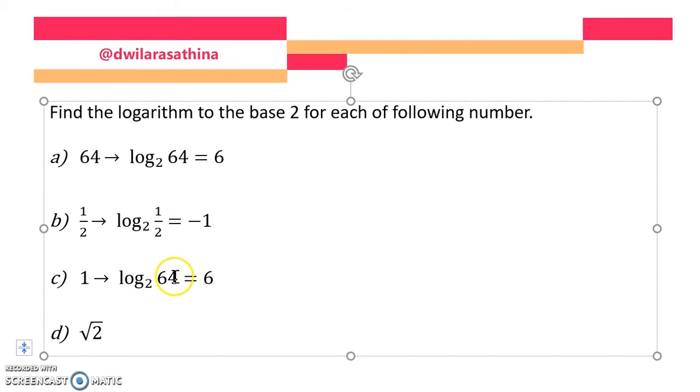Log to the base 2 of 1 is 0. Correct. Then the last one for you guys. Root of 2. 2 to the power of what is equal to root of 2? The answer should be a half.